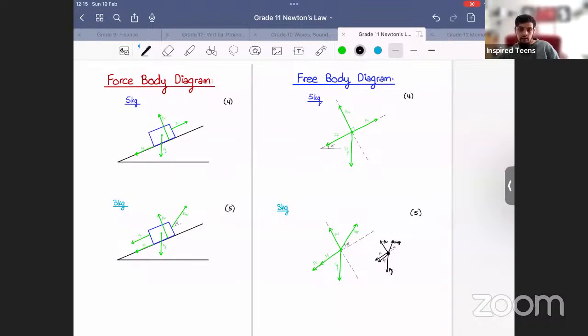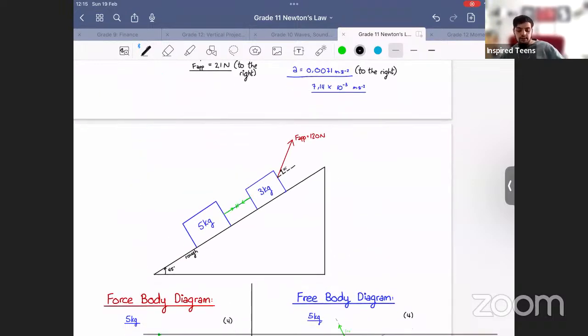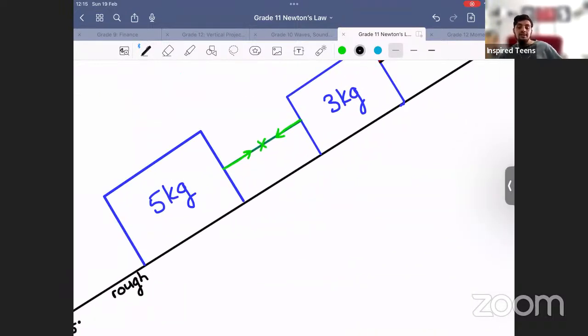Friction, on the other hand, is due to the surface. It's between the object and the surface. So as long as there's an object touching the surface, there's going to be friction. It's not the force that the 3 kg object is exerting on the 5 kg object. That is when they are touching. That is Newton's 3rd law, which we will get to. In this case, they do exert a force, but it's in the form of tension.